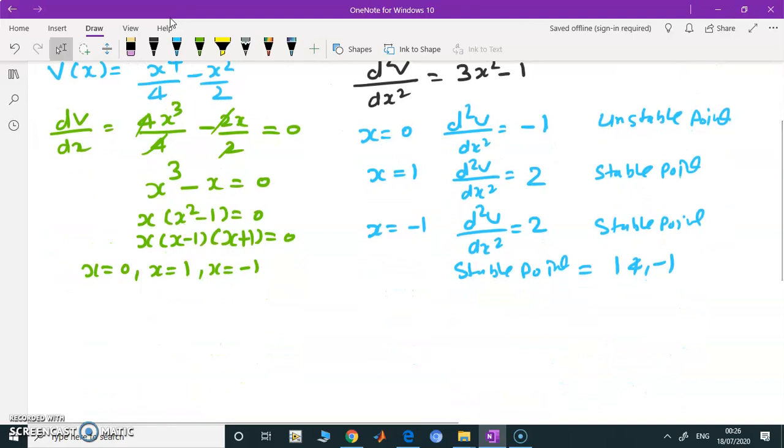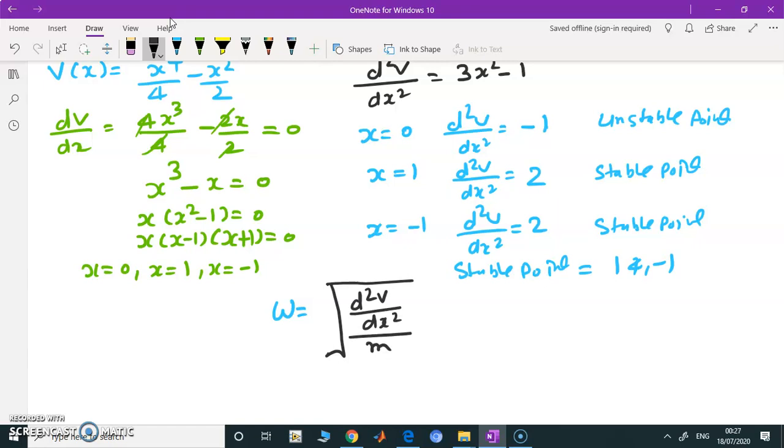Now we want to calculate the omega. So omega is the double derivative of potential divided by m. If I put 3x square minus 1 here, 3x square minus 1 divided by m, and it is asked at a stable point, so the stable points are 1 and minus 1.